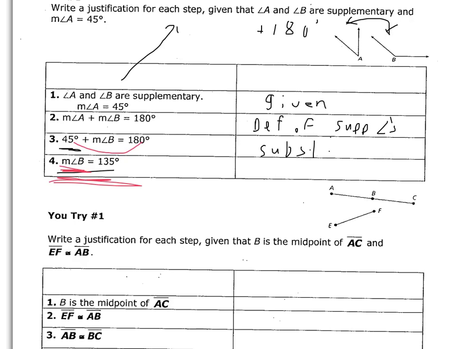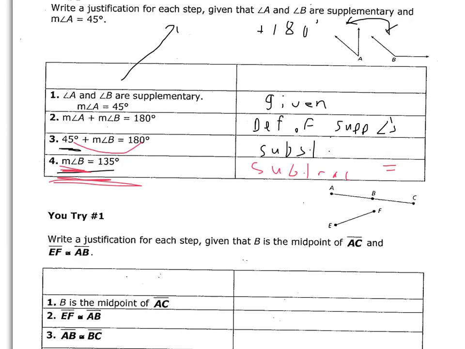The reason that you can do that is one of your 11 properties that was on your foldable the other day, the subtraction property of equality.